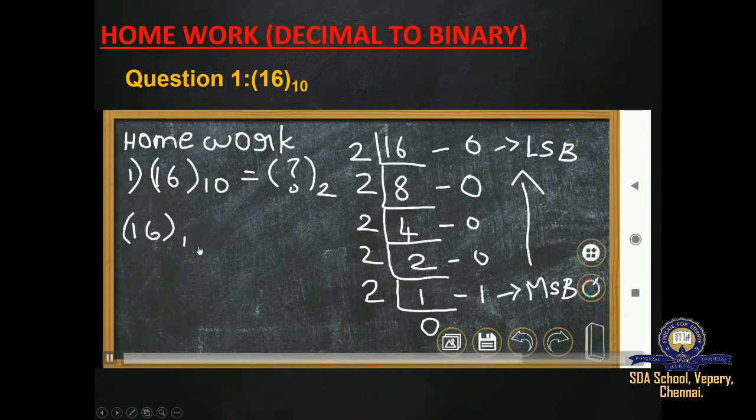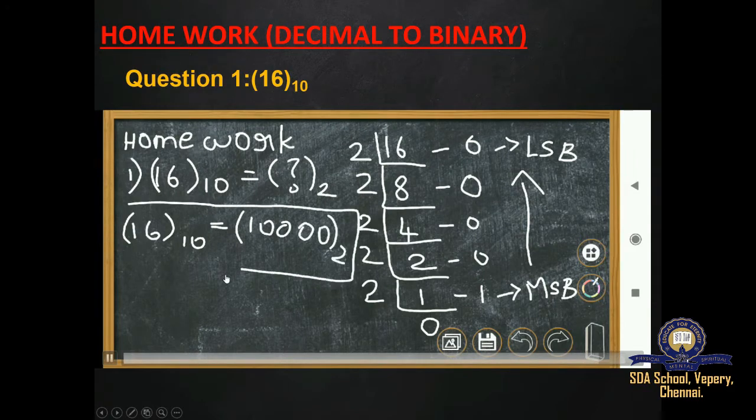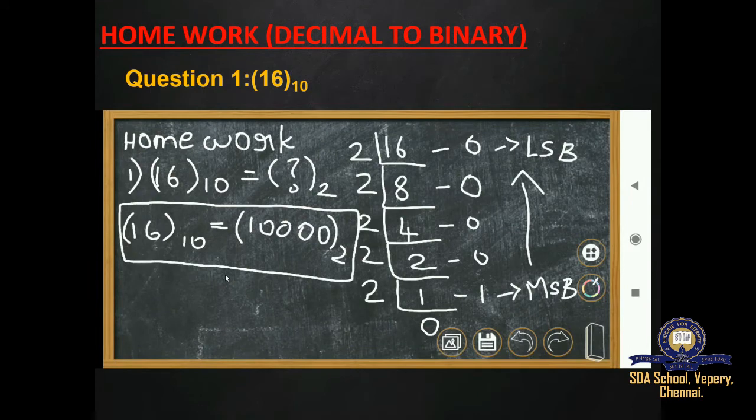The value for 16 is, now arrange, 1, 0, 0, 0, 0. This is the final answer for the first homework sum. Check with your homework note. If you made any mistake, kindly change it. Okay. Shall we move to the next sum?